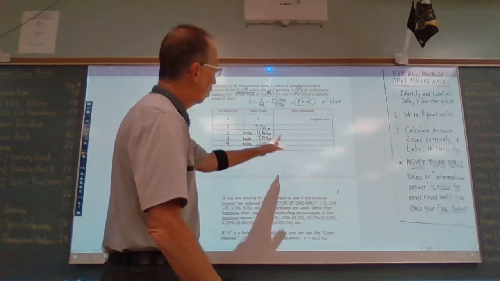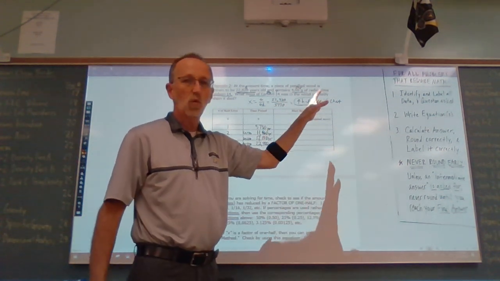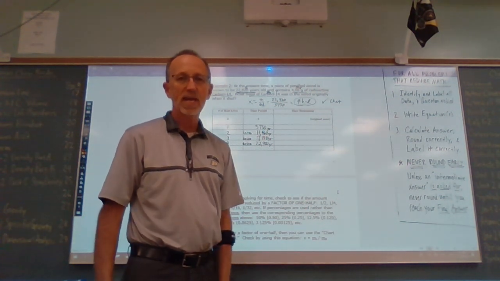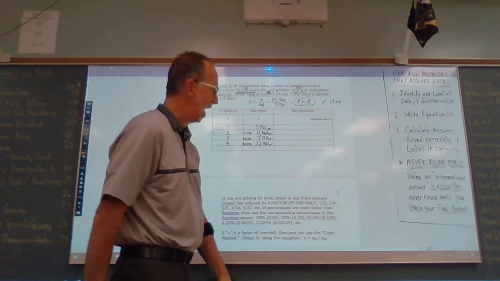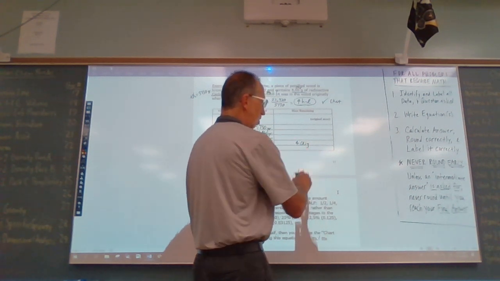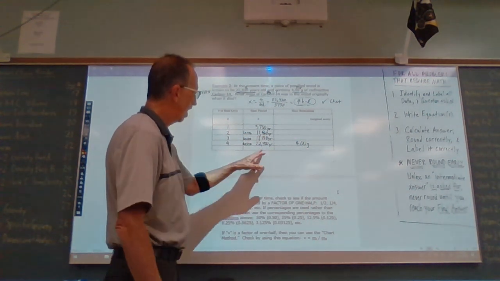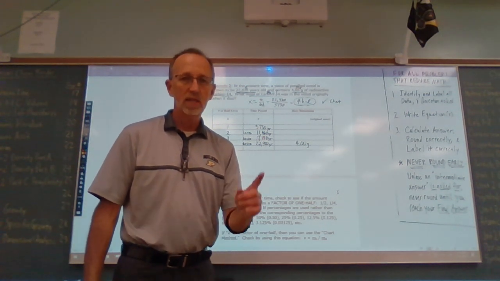Now, we're going to take what we're given up here. It says we have 4.00 grams remaining after this 22,920 years has passed. So that 4.00 grams goes down here in half-life 4 next to 22,920. Now, think about this.